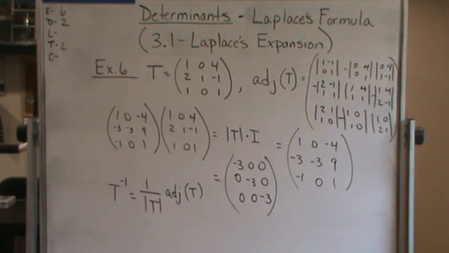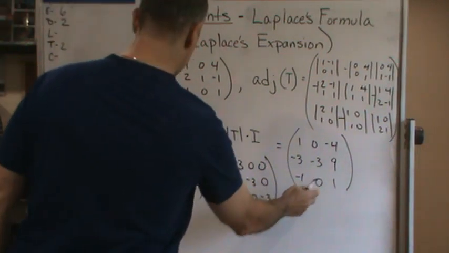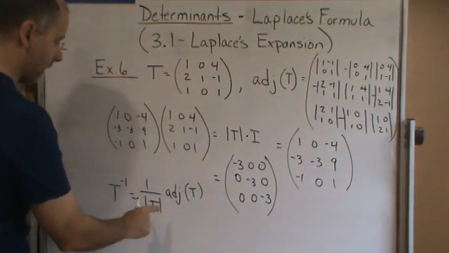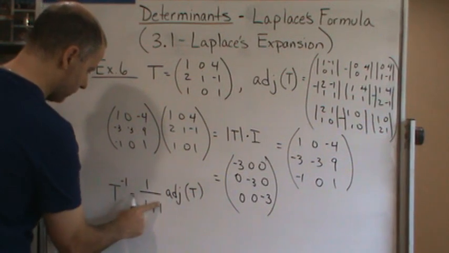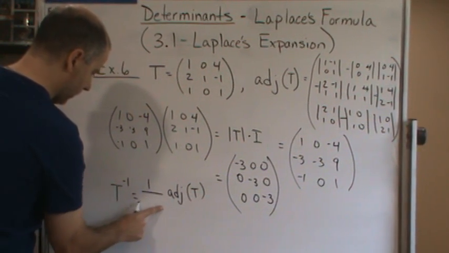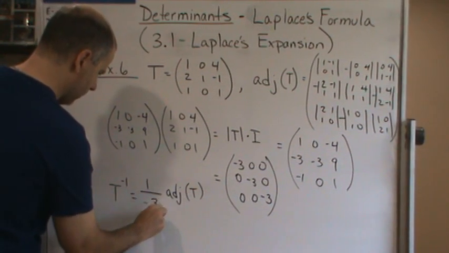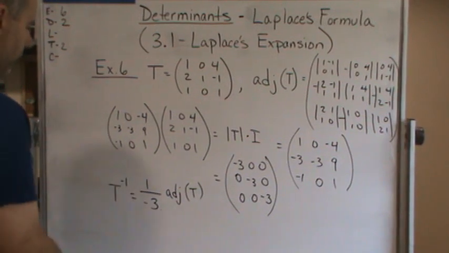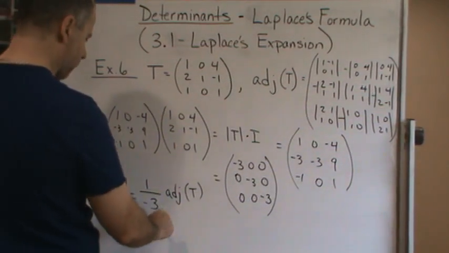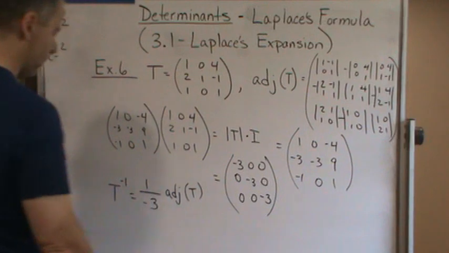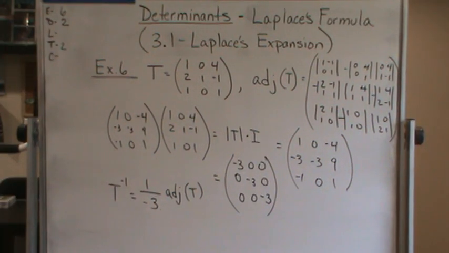Excuse me. And so now we've got the adjoint and we've got the determinant, which is negative 3, so we can just put in negative 3 here. And so now all we're going to do is multiply through by negative 1/3.